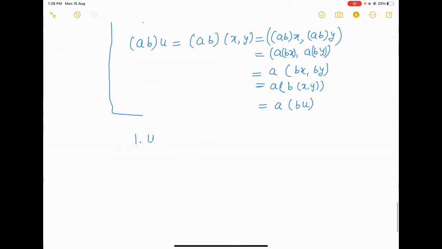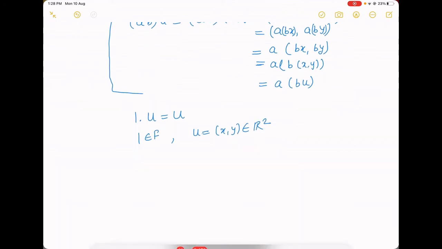The next property is 1 dot u is equal to u. It is simple. 1 belongs to F and u as (x, y) belongs to R square. So when 1 operated on u means 1 applied on (x, y), it gives you (1x, 1y).